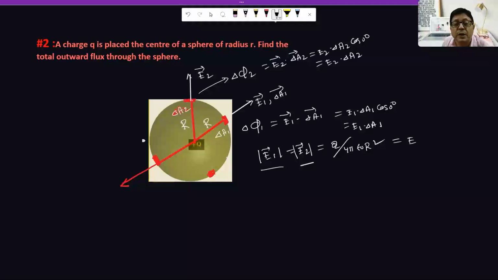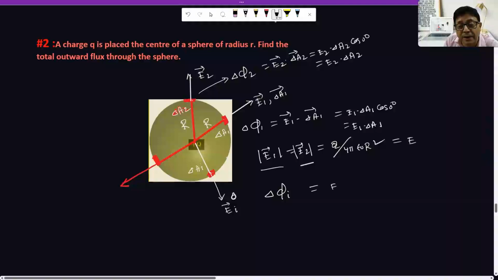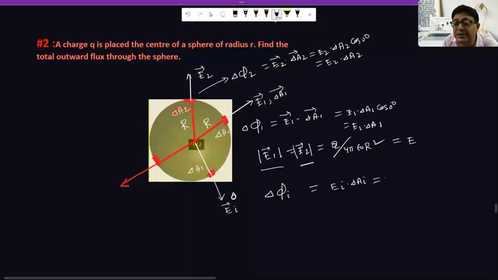So when you take an arbitrary element, suppose this is our arbitrary element delta A i, and the electric field vector is going this way, which is E i. Then E i and delta A i also make the same angle. So delta phi i will be E i delta A i cos 0 degree, so it remains E i delta A i.